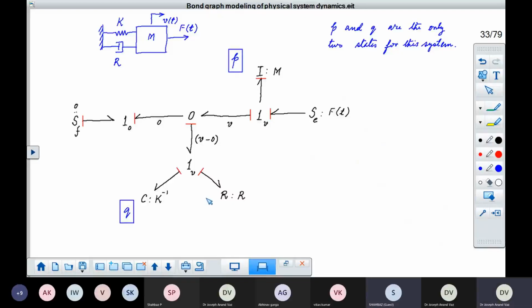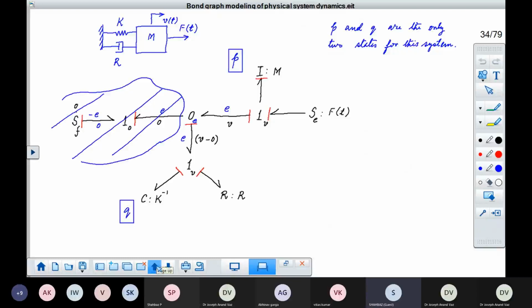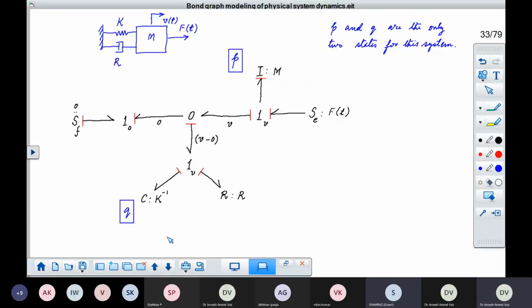Now we can also number this bond graph. Before we number it, we will also discuss the states contributed by these elements of the system.